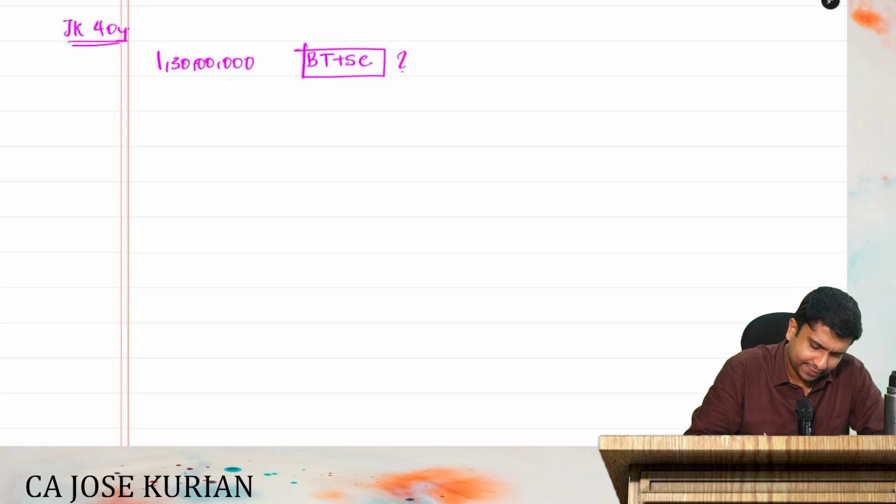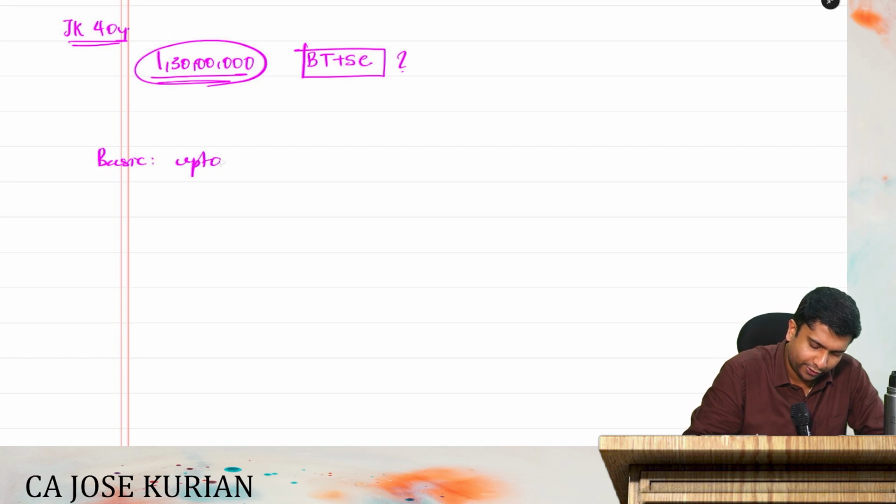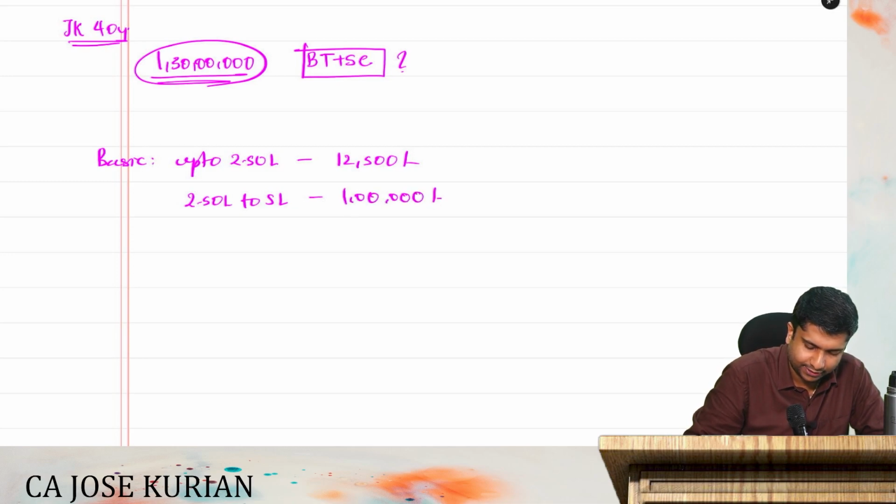So my total income is 1 crore 30 lakhs. How much is the basic tax liability? Up to 2.50 lakh, it is 0.